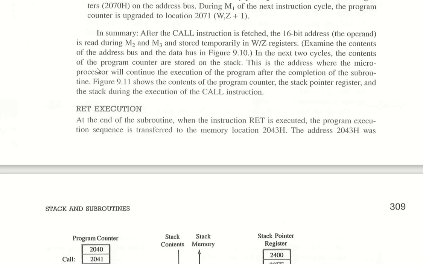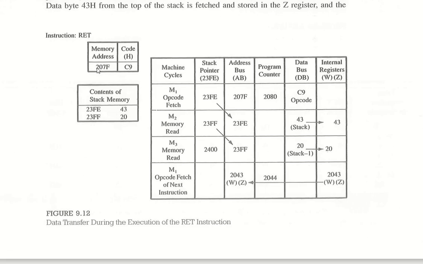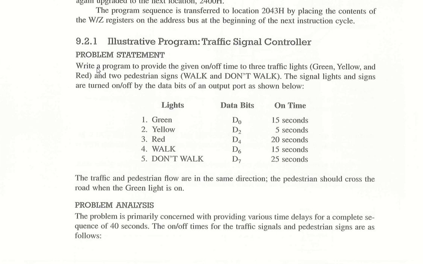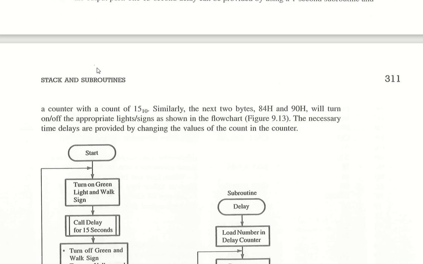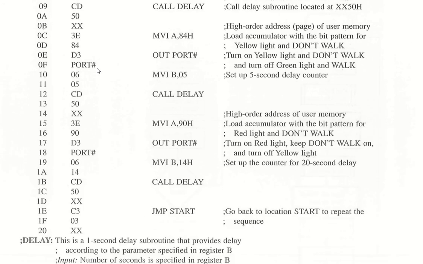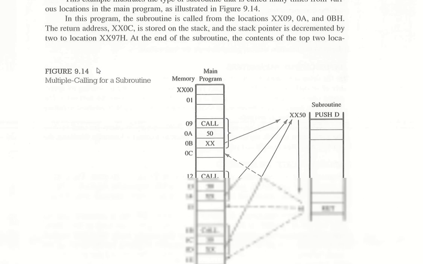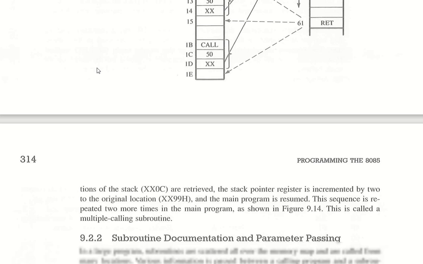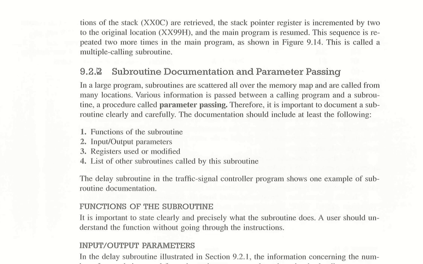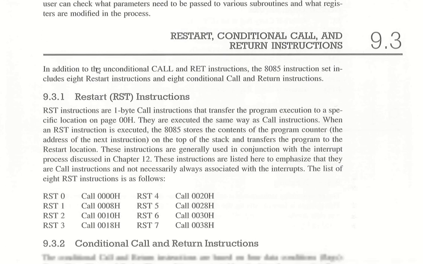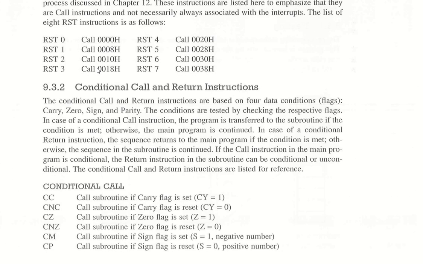So they have mentioned the call and return instructions in detail, but this is about 8085, so we will discuss 8051 when we get a chance. And there is a good example of a traffic control signal as well that I reckon you do. I think it would be better if you make a separate video on it. So let's keep this class till here only.